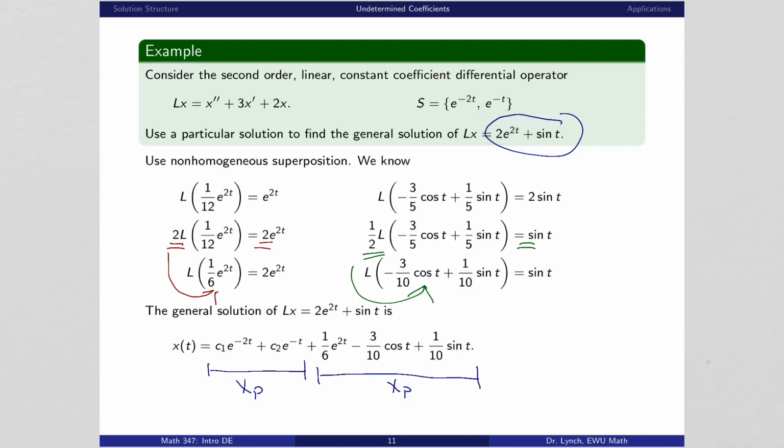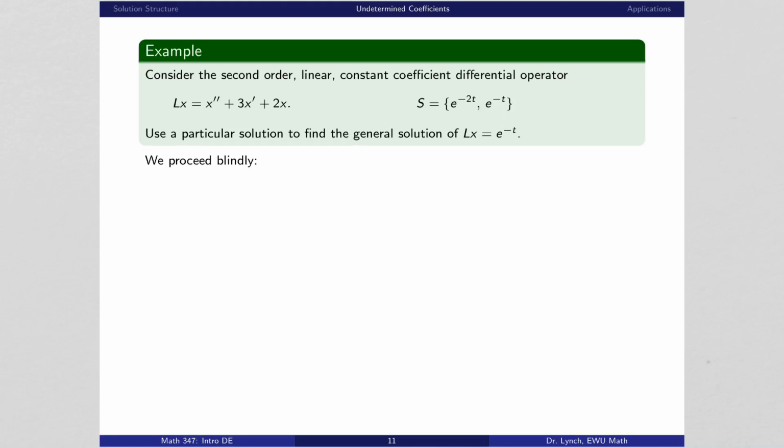Okay, so the last part of this method of undetermined coefficients illustrates what we'll call the glitch in our method. The glitch can be illustrated with this example where we're trying to solve for a particular solution where the right-hand side is e to the minus t. Now we'll go ahead and just proceed blindly, again, taking the particular solution to be a general similar form of the right-hand side.